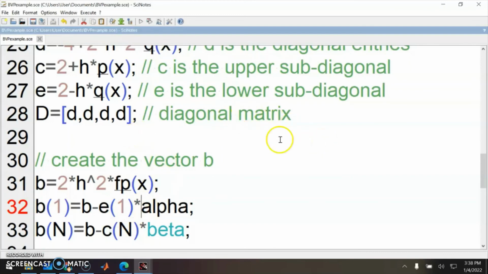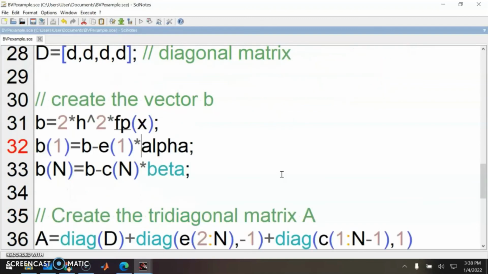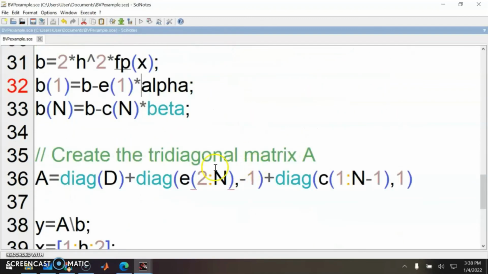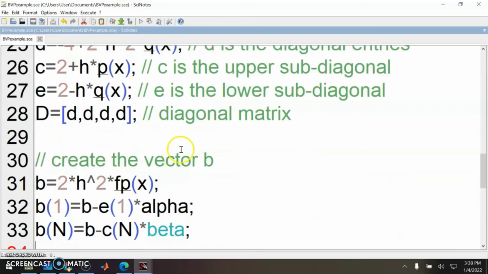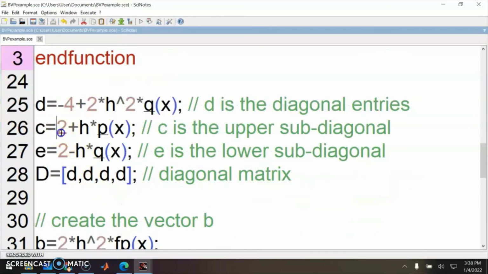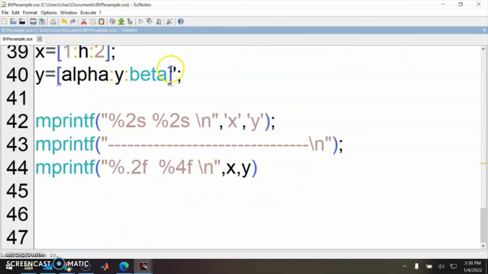E is the lower subdiagonal, C is the upper subdiagonal. B1 equals B minus E1 alpha, which is correct. So I don't know what's the problem here. So let's look at here. C is the upper subdiagonal, E is the lower subdiagonal. So let's put a transpose here and see what we get.